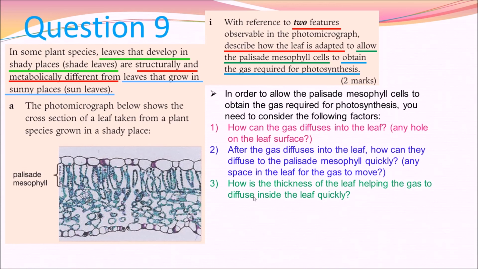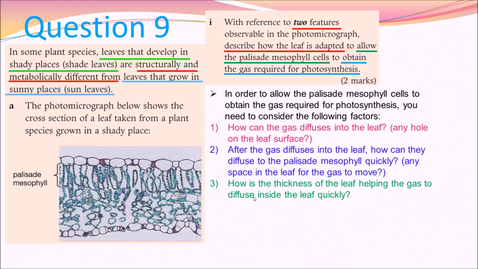We found that the structure and the biochemical reaction, the metabolism, in the shade leaves are different from the leaves that grow in a sunny place. Those are the sun leaves. It's just a name to describe them, okay?